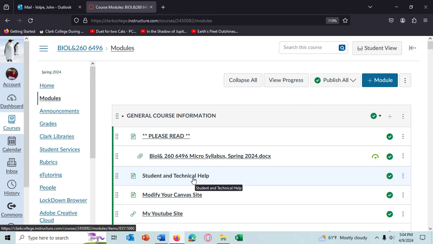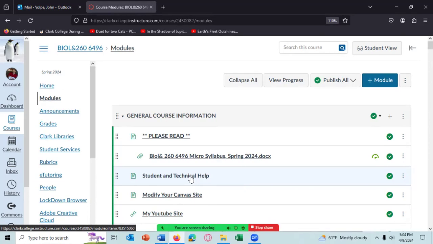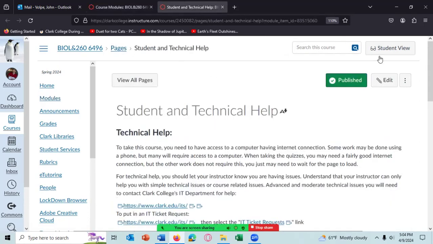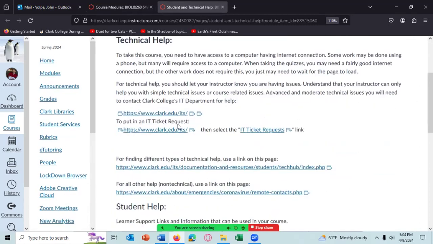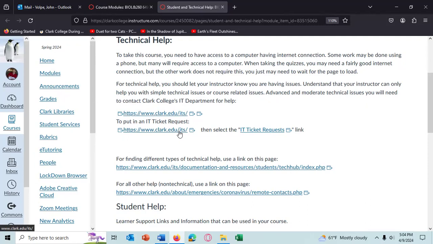So what you should do is click on this link for student and technical help, and it has a whole bunch of places where you can get help, including from the IT computer department, which I like to call the computer help desk. And anyways, if your Respondus Lockdown browser is not working on your computer, all you probably need to do is change a setting or two on your computer to get it working.